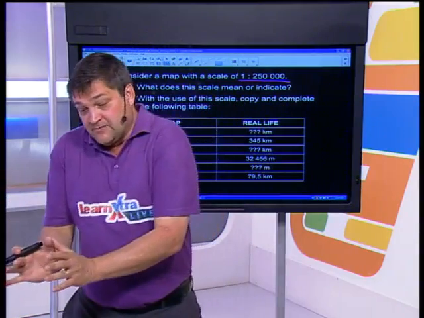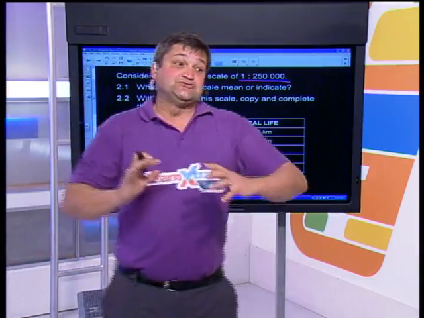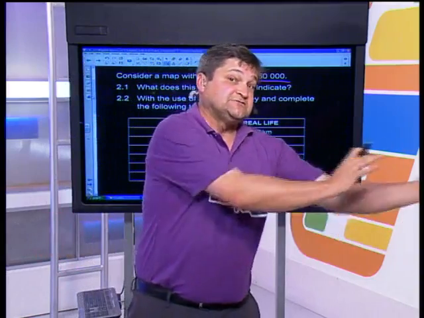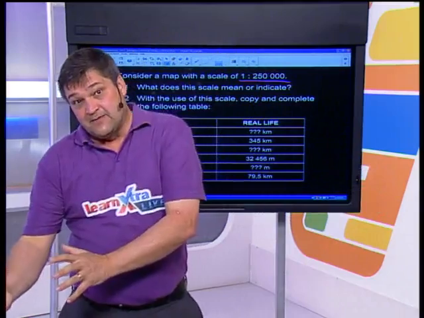What are the units? It doesn't matter. We could say 1 millimeter on my map represents 250,000 millimeters in real life. 1 centimeter on the map represents 250,000 centimeters in real life.